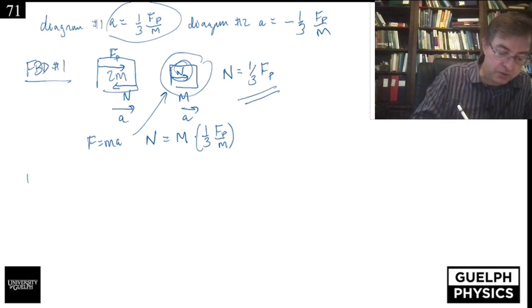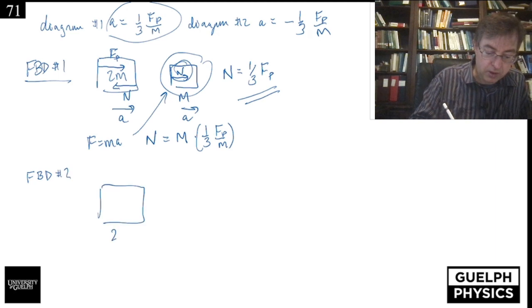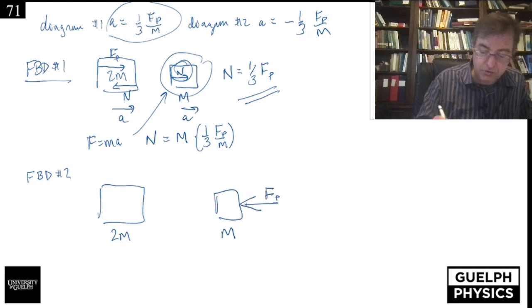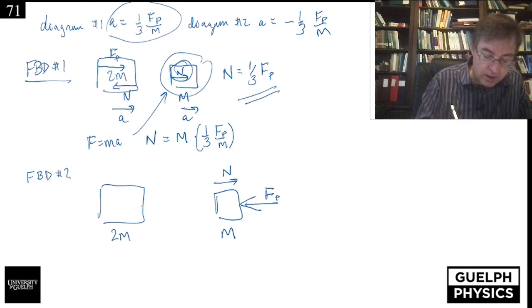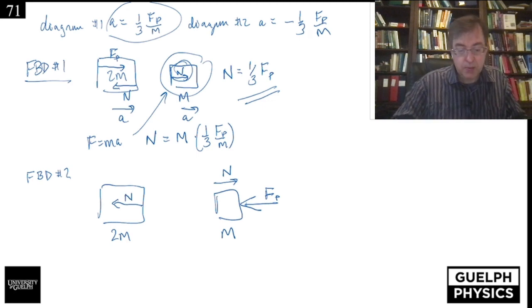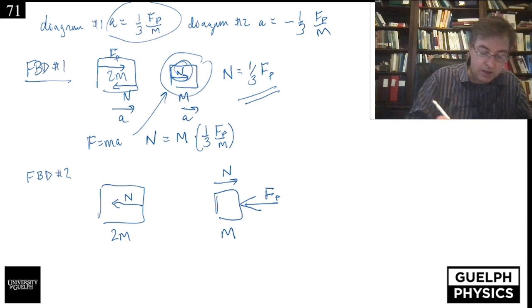Let's do a free body diagram now for diagram number 2. I have a block with mass 2m and another block with mass m. The force now is acting on mass m from the right, and there is also on mass m a normal force acting to the right, coming from the larger mass block. The larger mass block experiences an equal and opposite normal force in that direction, and the acceleration in this case is in this direction, and remember this is positive.